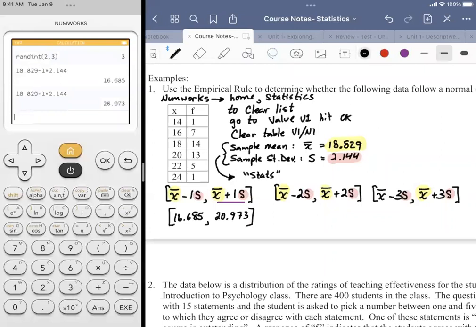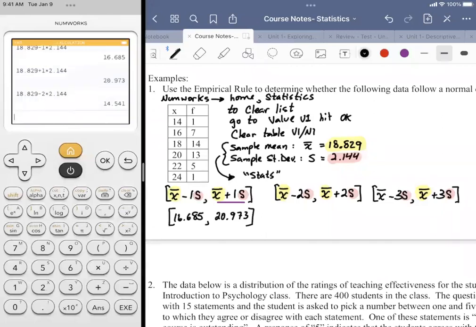For the sake of learning the skill, I'm not going to account for any percentages yet. I'm just going to go right across the line here and just keep running computations. So up arrow, go back to the one that has a minus. I need this structure, but that one needs to be a 2. So X bar minus 2 times the standard deviation.